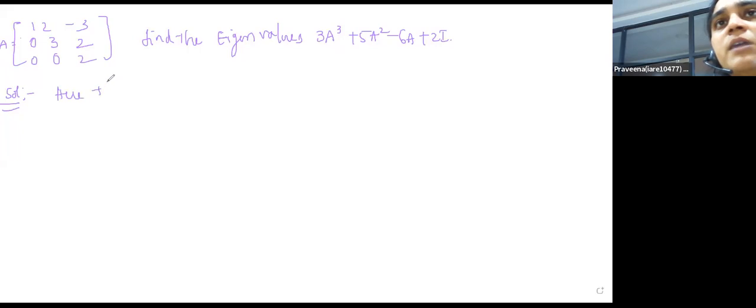One statement is there: for any upper triangular or lower triangular matrix, the diagonal elements only are the eigenvalues, right? Here the given matrix is upper triangular.